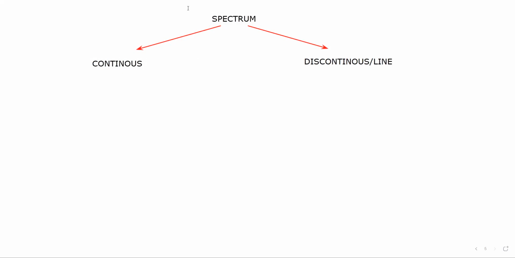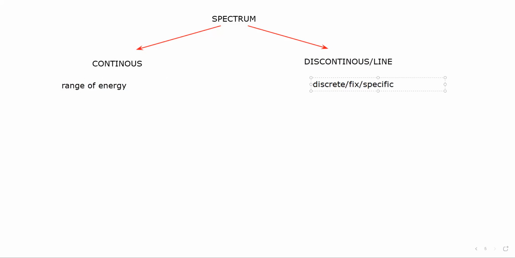The term continuous does not mean the energy is emitted continuously. It means you have a range of energy. In a continuous spectrum, you have a range of energy released. And in a discontinuous or line spectrum, a discrete or fixed or specific amount of energy is released.